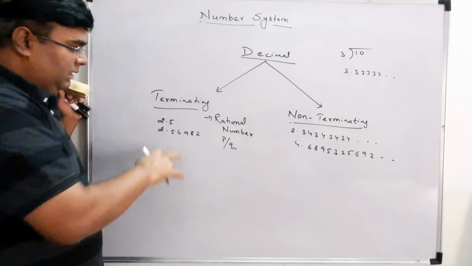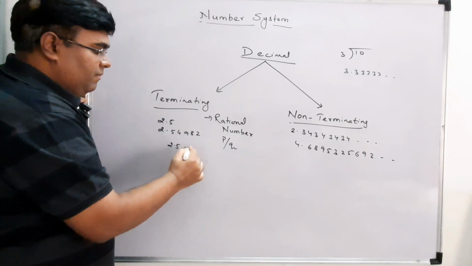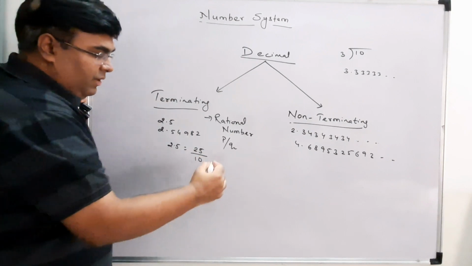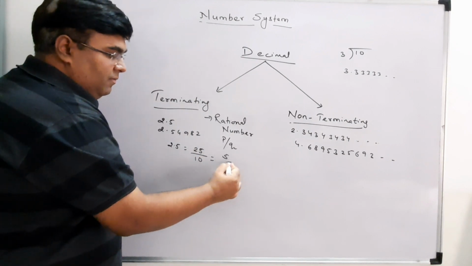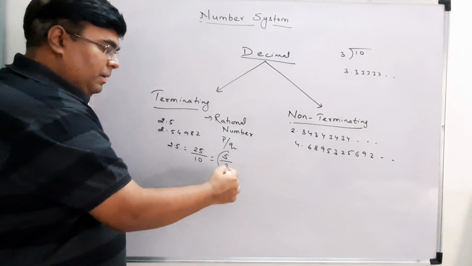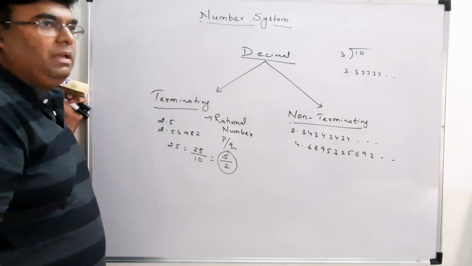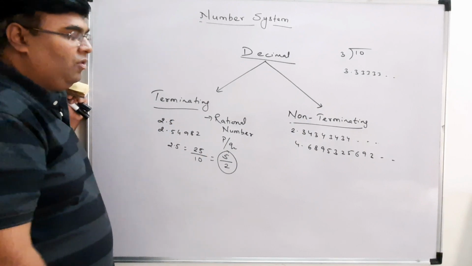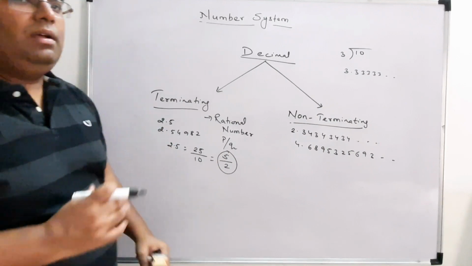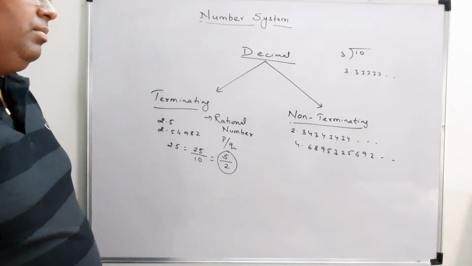For example, take 2.5. 2.5 we can always write as 25 upon 10, and then we can reduce it further, 5 upon 2. So this is the p by q form. Similarly, we can write any terminating decimal in the form of p by q. So it is what? A rational number. So terminating decimals are rational numbers.